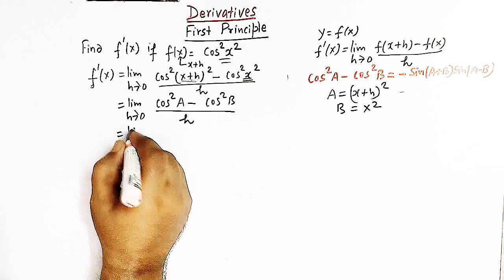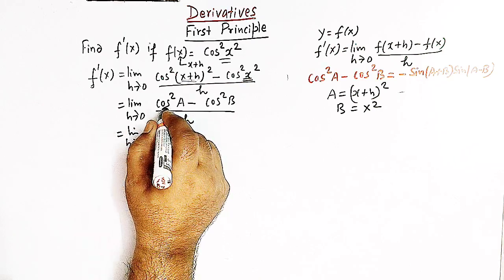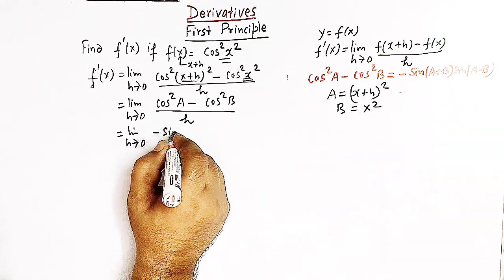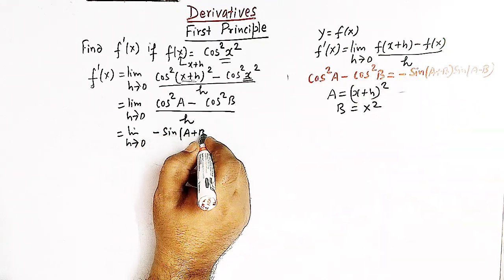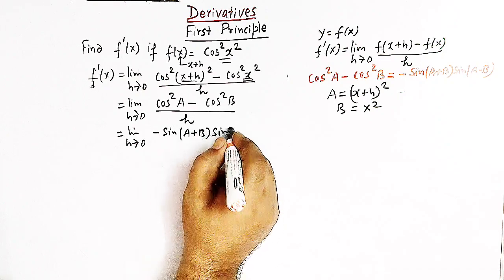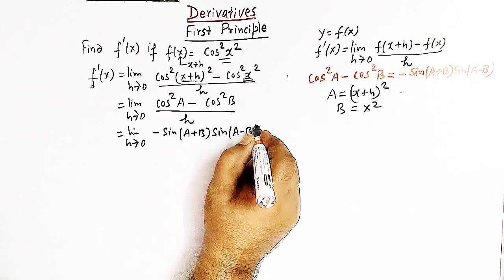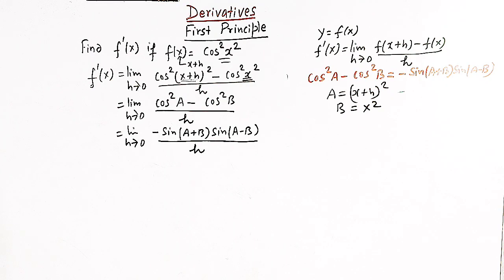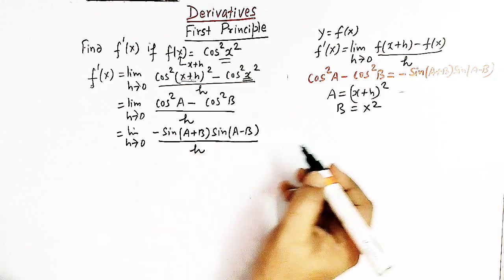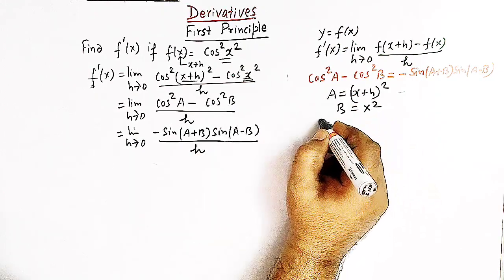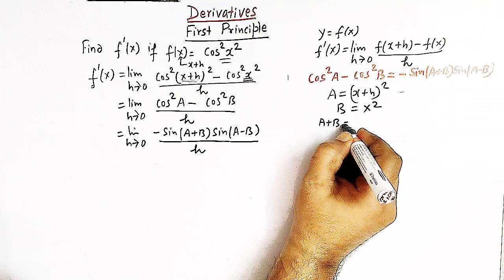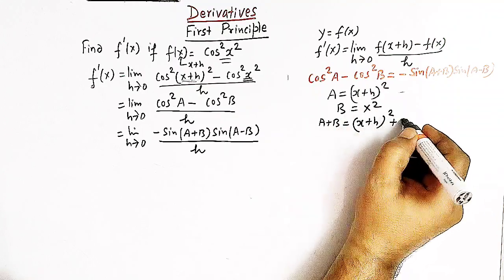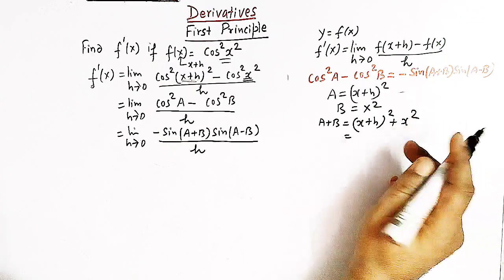So now we can write limit h tends to 0, cos square a minus cos square b is the negative of sine a plus b, and here we have sine of a minus b divided by h, right? Okay, so now let us calculate the sum of a and b. So a plus b is now equal to x plus h square plus x square. So let us solve it.